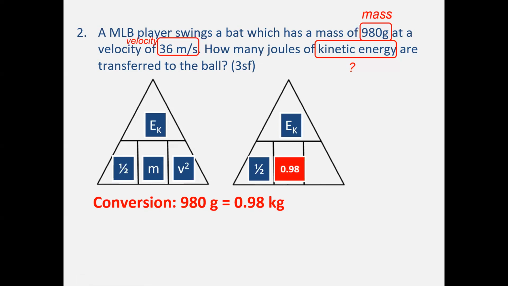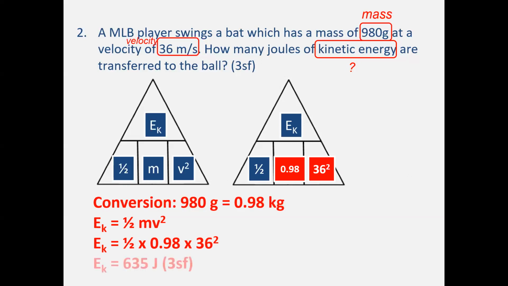So 0.98 kilograms is the mass, and 36 meters per second is your velocity, so 36 squared. So kinetic energy is half times mass times velocity squared, so that's half times 0.98 times 36 squared, which is 635 joules to 3 significant figures.